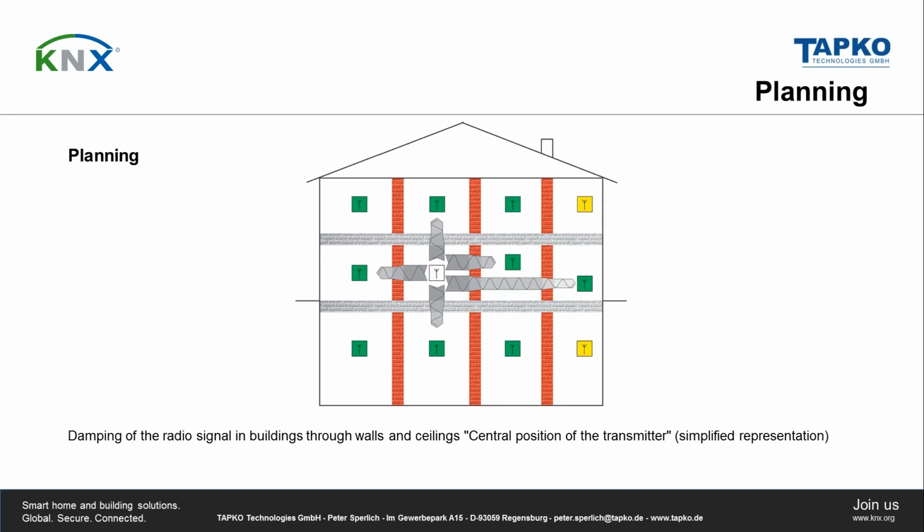Another thing is, when you are sending through many walls, the damping is very high, and the radiation is not going through more than 2 or 3 walls. But it's possible to have some kind of repeaters, and the repeaters are connected. I will show you later on.